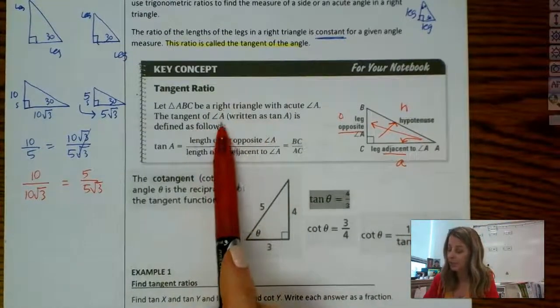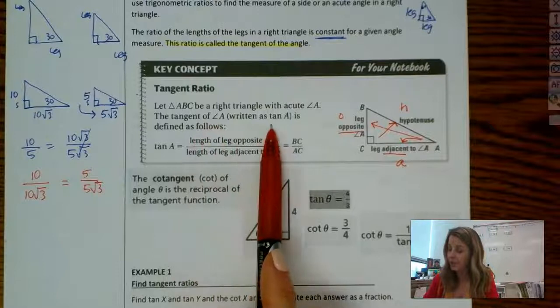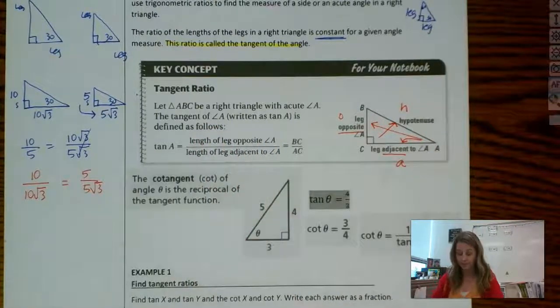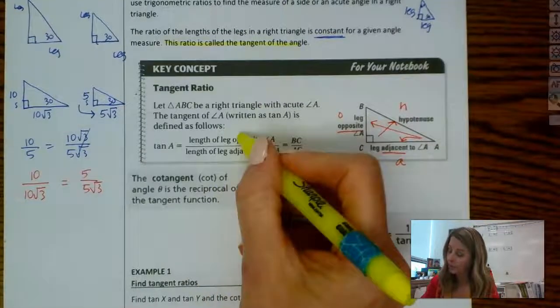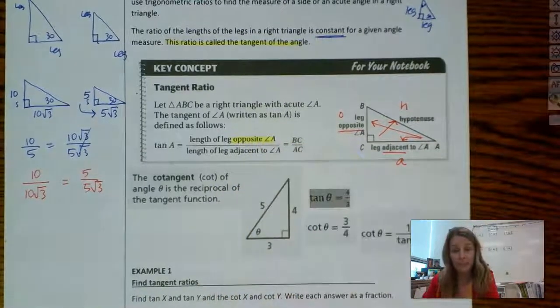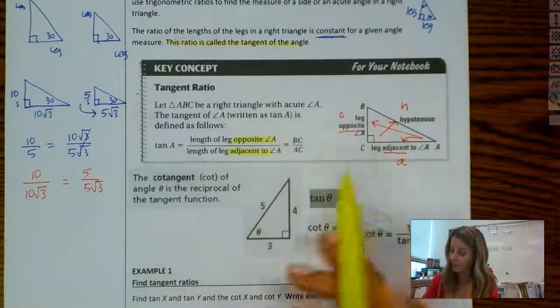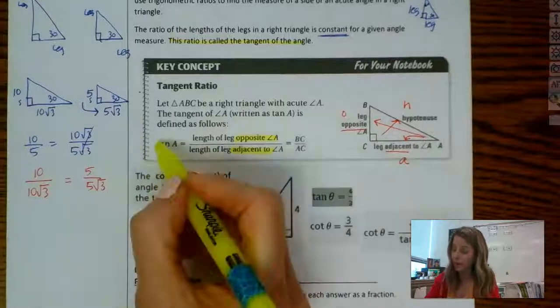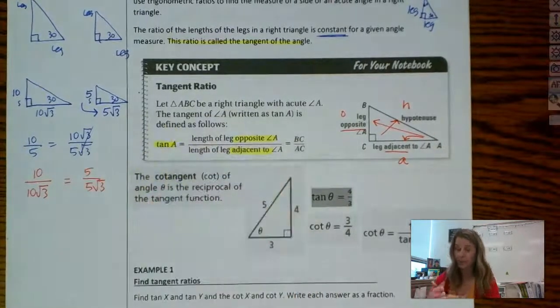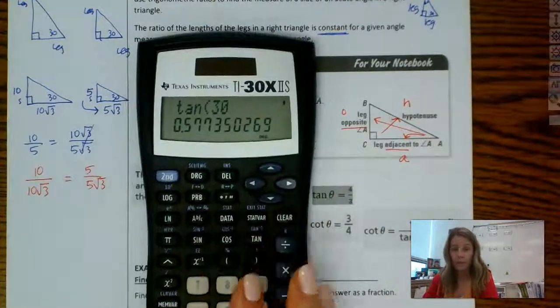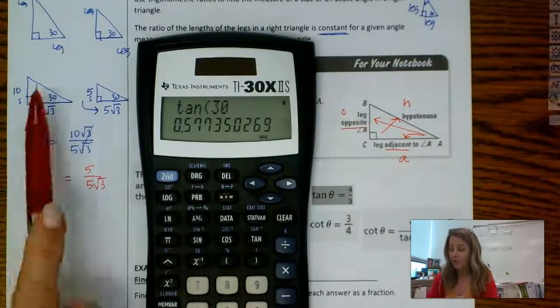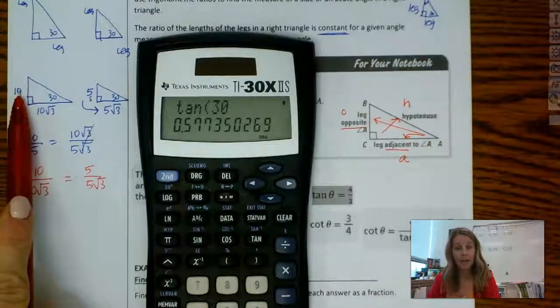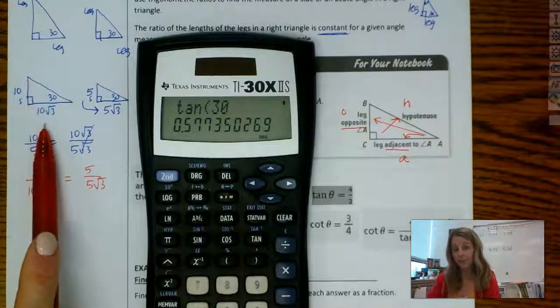Now, the tangent of an angle is defined as the following. It's going to be a fraction, or a ratio, containing the length of the opposite leg over the length of the adjacent leg. That is what we classify as the tangent. So that's what I did back here. From 30, 10 is my opposite leg, and 10 square root of 3 is my adjacent leg.